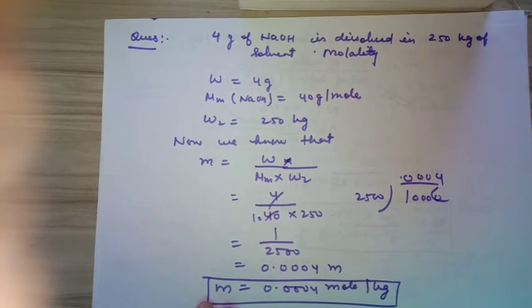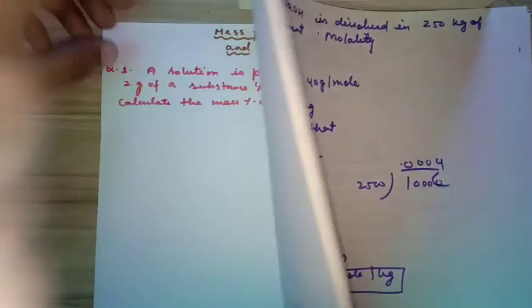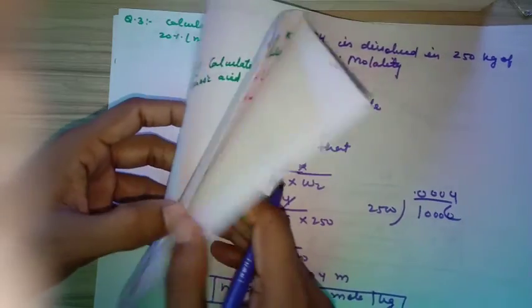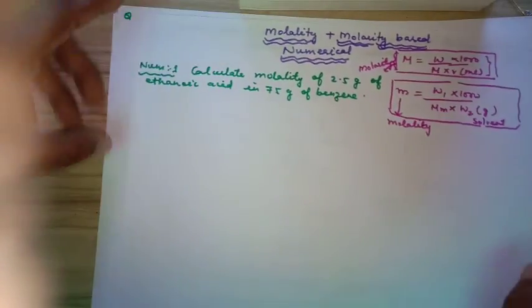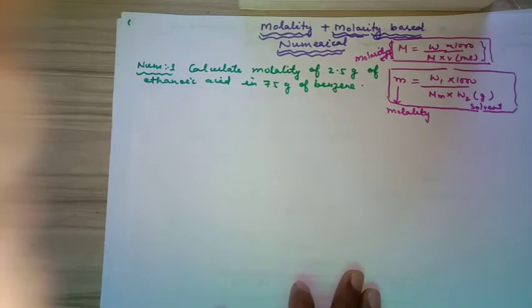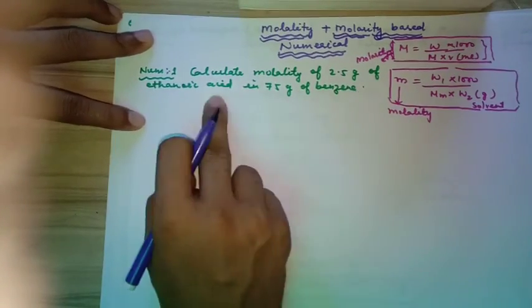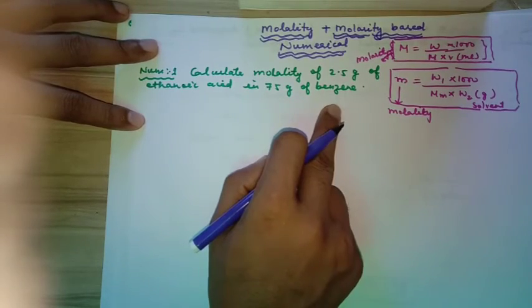There is one more question, if you want to deal with questions of molality. So here it is. Calculate molality of 2.5 gram of ethanoic acid and 75 gram of benzene.